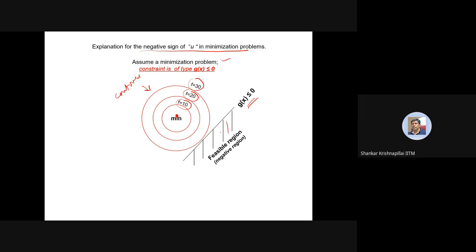This is the feasible region. Here g(x) will have negative values: g(x) equal to 0, -1, -2, -3, -4, etc. As you move away from the constraint boundary like this, the value of g(x) will become more negative.